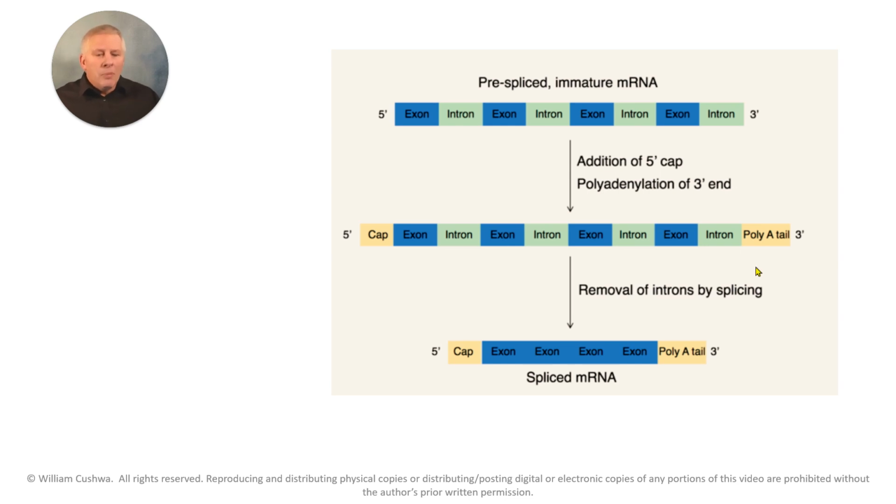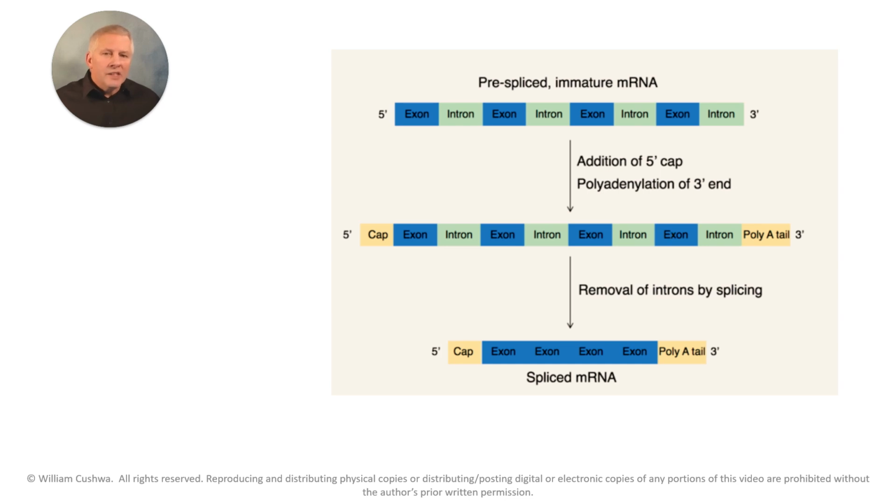So for example, alternative splicing in this particular case might include the joining of exons 1, 2, and 3, while another splicing product might be the combination of exons 1, 3, and 4.